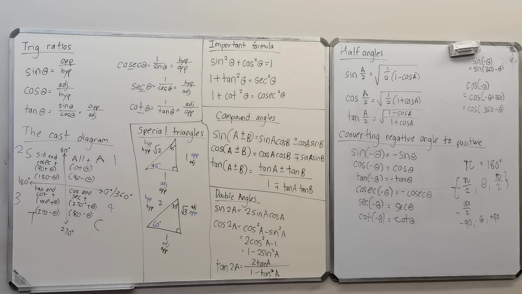If I had to tell you to solve for cos of 75 using compound angles, you would not do it yet. Then from there you'll use the compound angle formula.